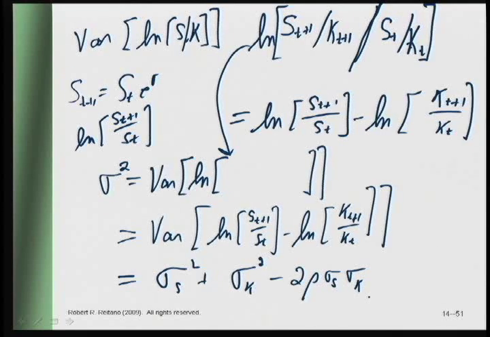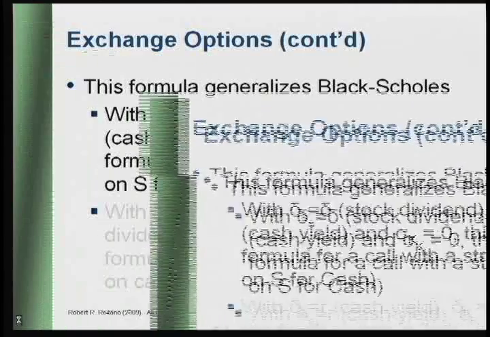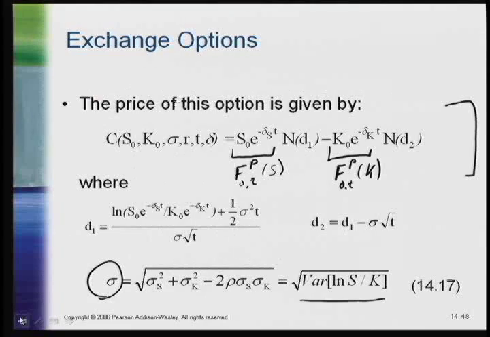So the variance that's needed in this particular option is in fact given by the variance of the ratio of prices, which we calculate using the variance of the returns of each sequence separately along with the correlation of those returns.